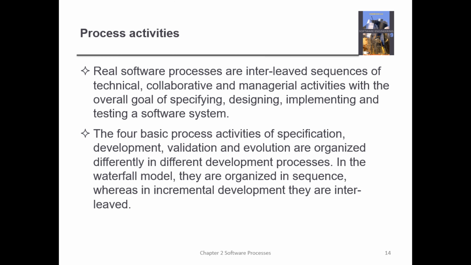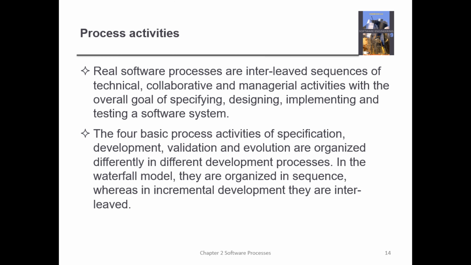So these processes collaborate, and these activities, their overall goal is to come up with specific requirements, come up with a good design, you implement and then test the software system as a whole.